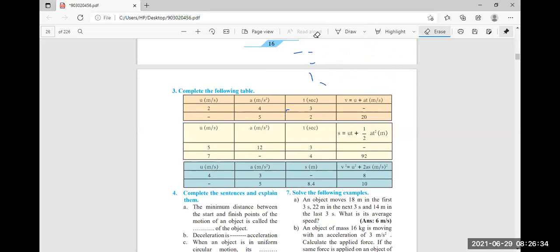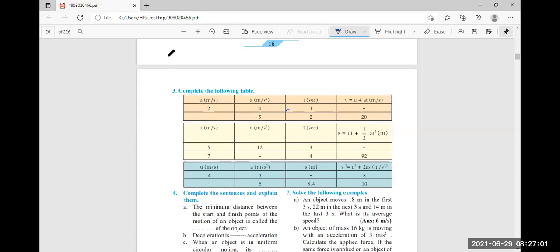Now next, third. U is given, A is given, S is not given, and V square is given. U is 4, A is 3, S is not given. S means displacement, very good. Now here you have to put the values in the formula.